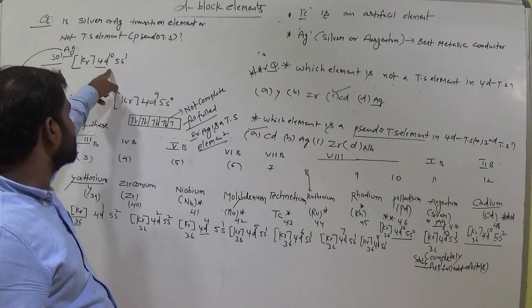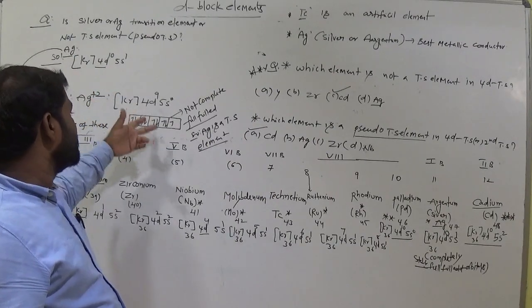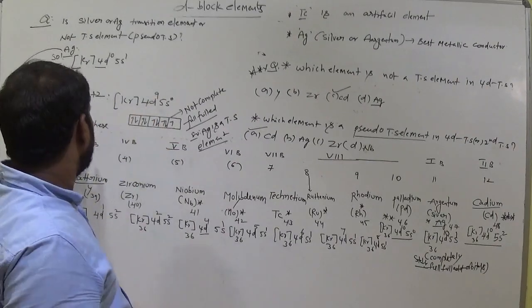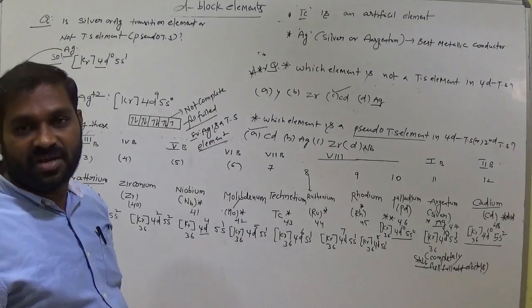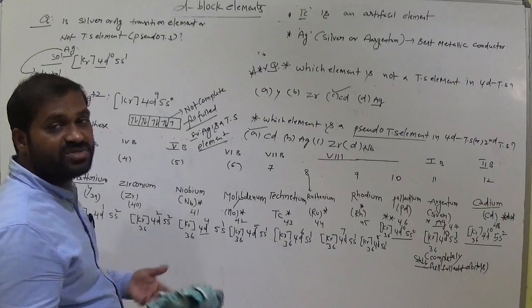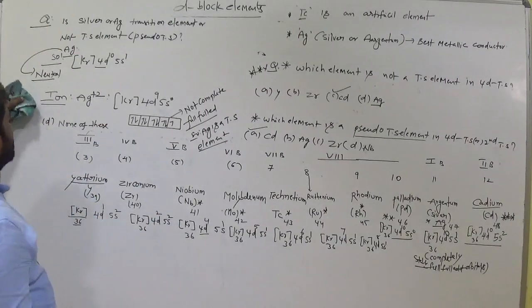Why? Because in this state it is completely fulfilled. But in the ion state, there is the possibility of losing 2 electrons, and there are unfilled d orbitals. So this is the reason why silver acts as a transition element. Remember this point. But cadmium is a pseudo transition element; even when it loses 2 electrons, completely fulfilled d orbitals remain. Remember that point.